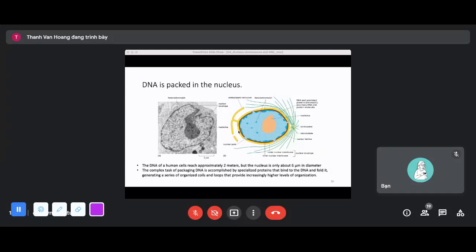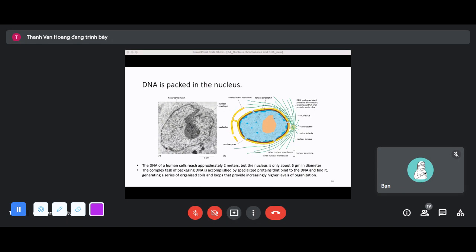You learned about the 3D structure of DNA. But if you look at the nucleus, what you see under electron microscopy looks like this. This is the nucleus, the dark part, and this is the nuclear membrane.